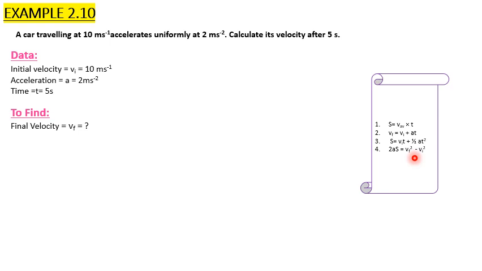We have initial velocity, acceleration, and time, and we have to find the final velocity. So the second formula is suitable, and by putting the values in it, we will get final velocity 20 meters per second.